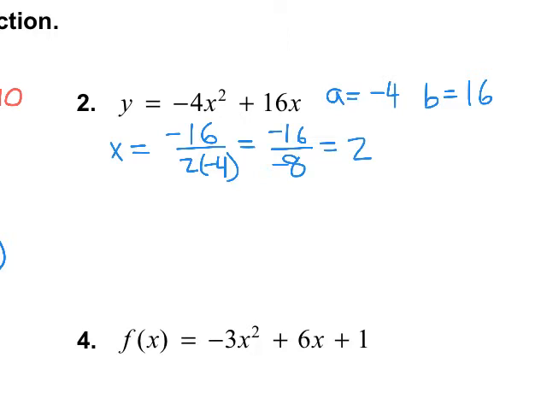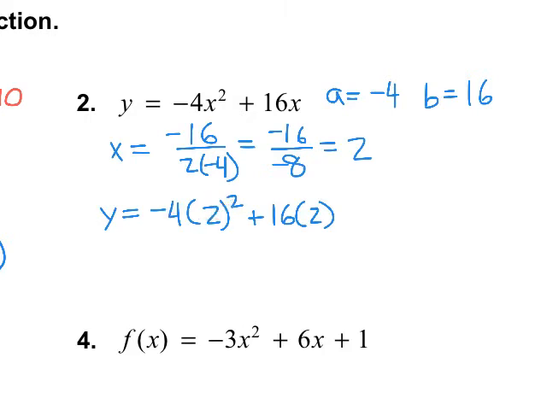So then to get the y value to go with it, I plug it into my function. So y equals negative 4, and then plug in your x, so times 2 squared, plus 16 times 2. So this we have to be extra careful with. Remember, order of operations tells me to do my exponents before I multiply. So I want to make sure and do this exponent first and then multiply by negative 4.